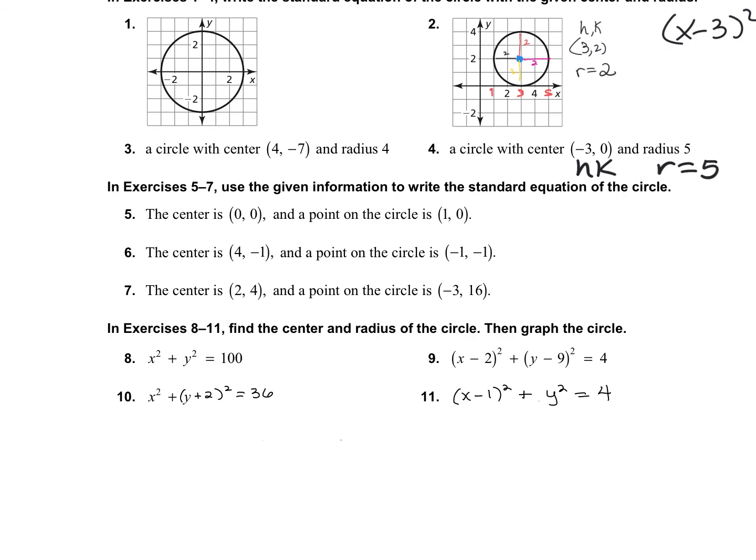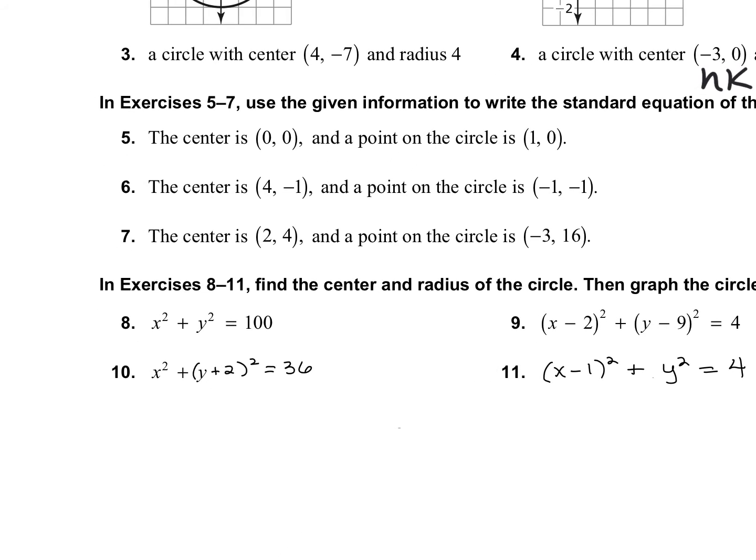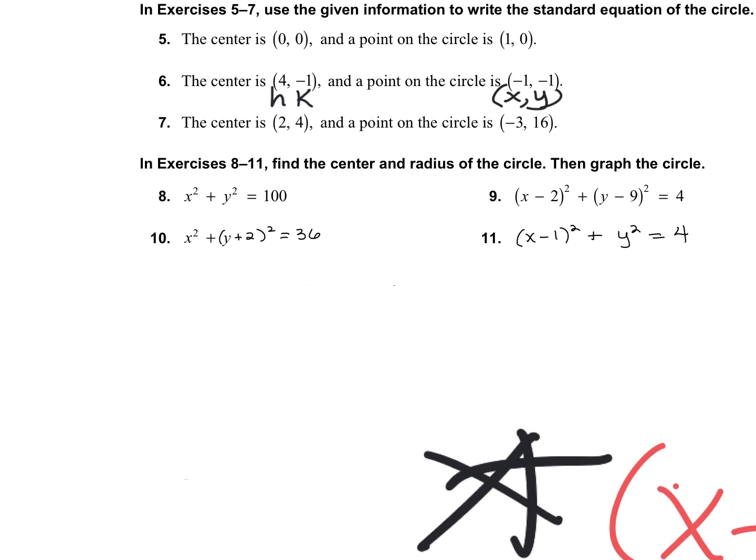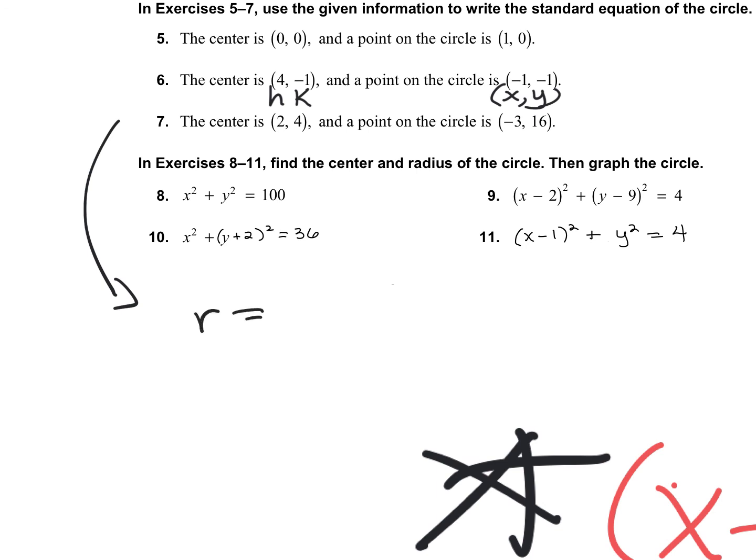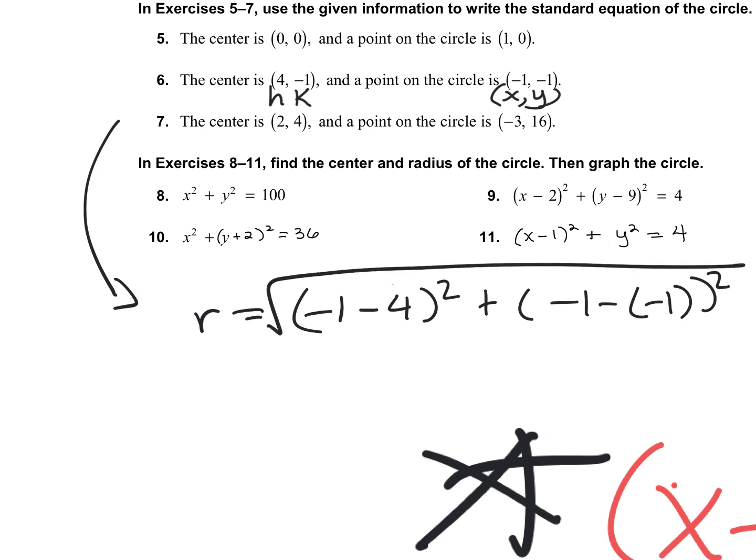And then also be able to find the length of the radius given the h and the k and given an ordered pair, which is x and y. So for example, number 6, I need to find my radius length. So I'm going to plug in my numbers. So it's going to be -1 minus 4 squared plus -1 minus -1 squared, all under the radical.